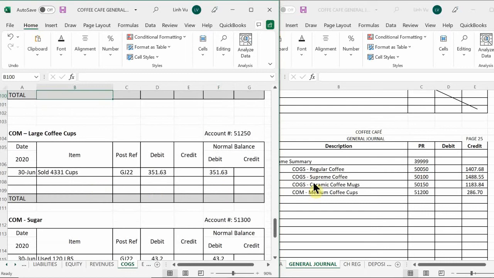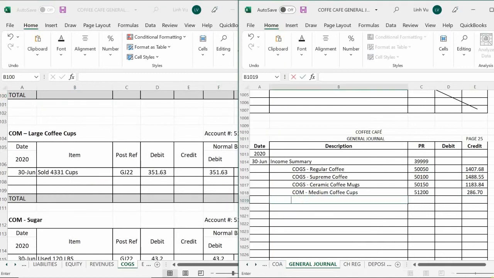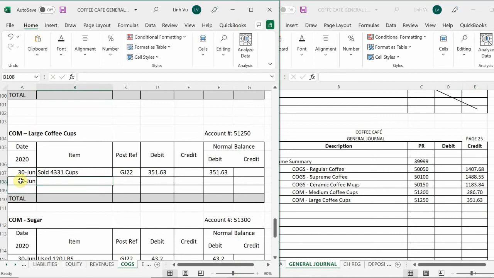Okay. Next one is the cost of materials for the large cups, for the total amount of $351.63. There you go.